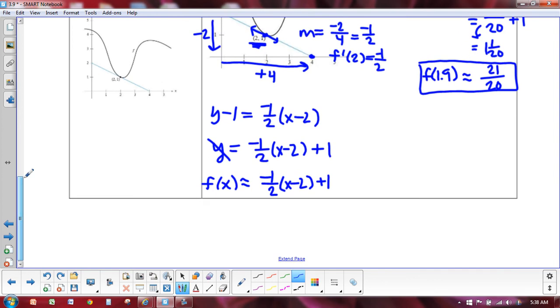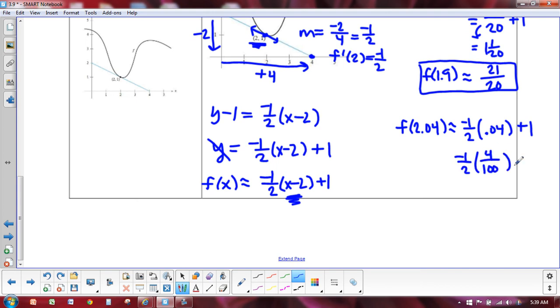So negative a half times 4 over 100 plus 1. And I could even do some cleanup there. Like the 4 over 2 would be 2. And so I'm really left with 2 over 100, negative, for the negative in front, negative 1 over 50 plus 1. Well, the 1 is really 50 over 50 minus 1 over 50, so 49 over 50.